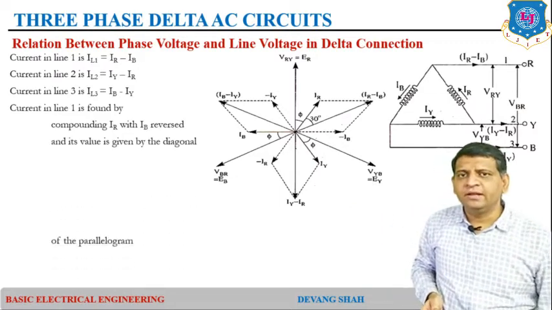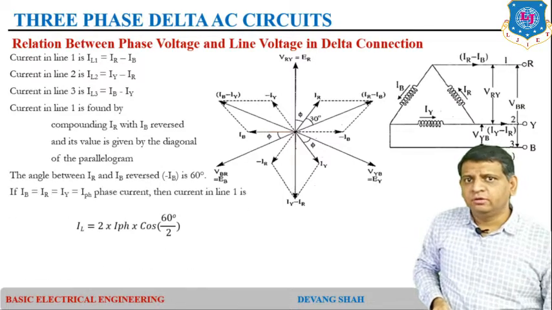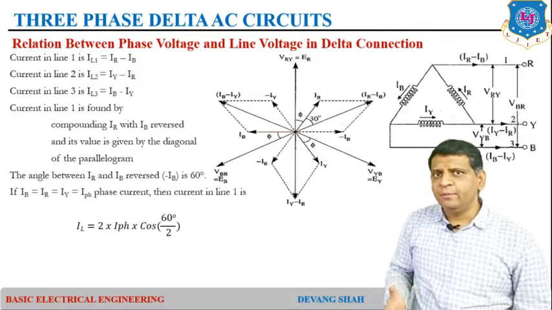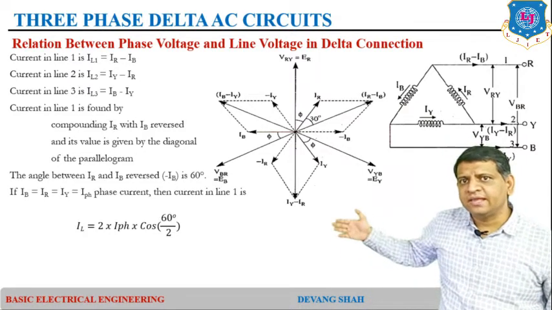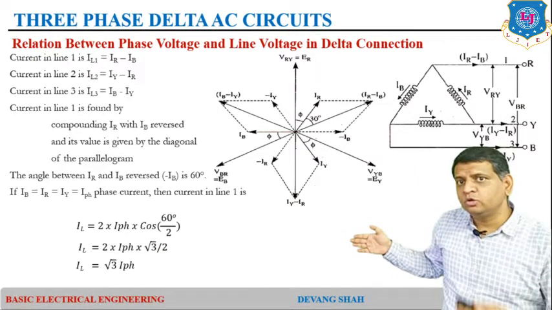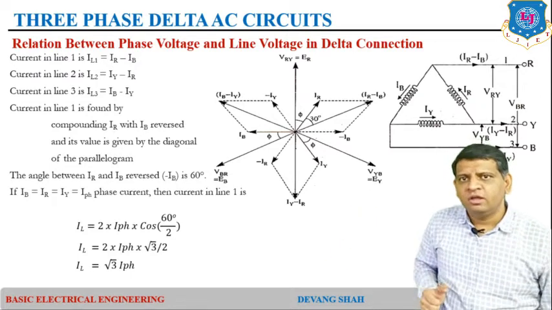So likewise, at the end you will find IL is equal to 2 multiplied by the phase current magnitude, IR IB cos 60 divided by 2. So you can write this equation: IL is equal to 2 times IPH into cos 60 by 2. Once you solve this equation, you will find IL is equal to root 3 times IPH, right.